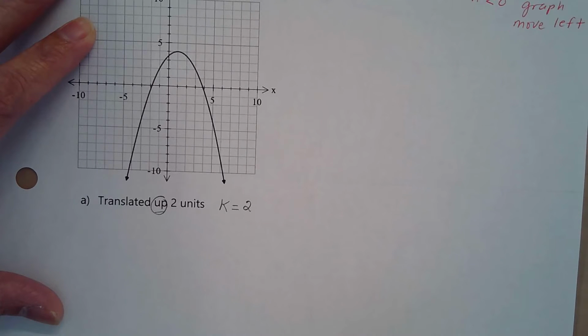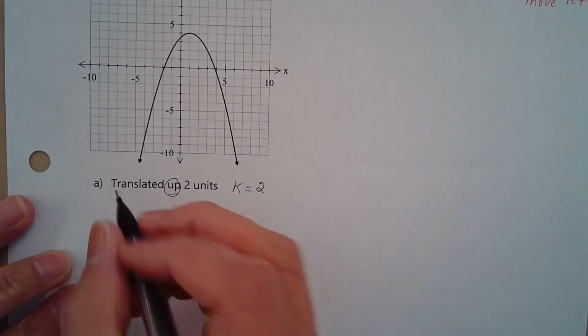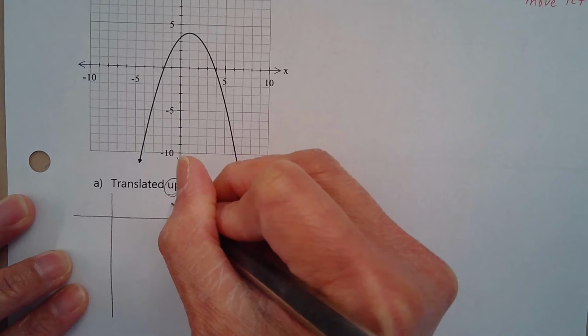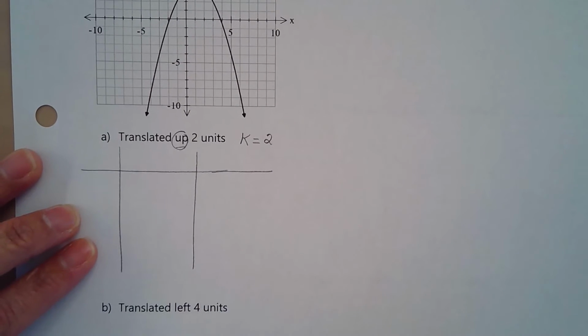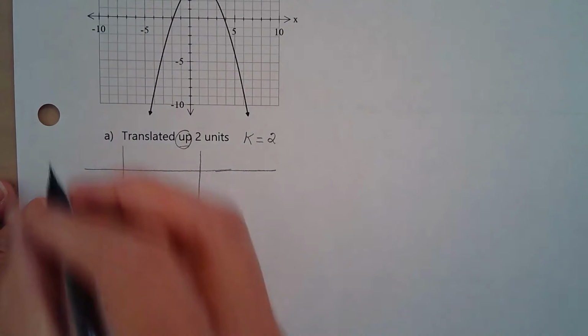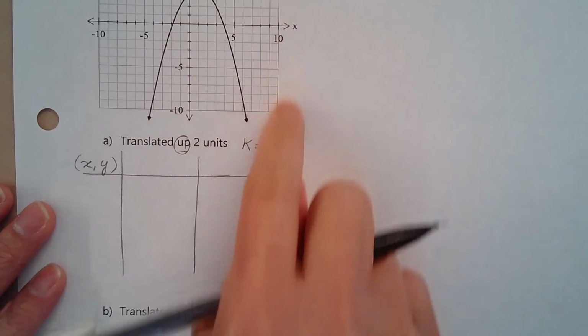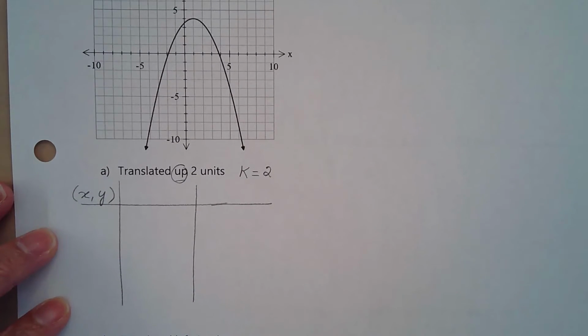What we're going to do now is use some mapping. We're going to look for nice values in here. I call them nice points because they're right on the grid.